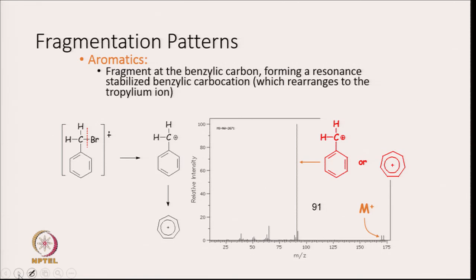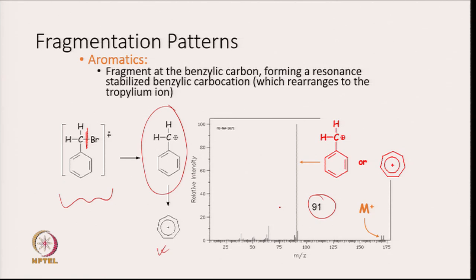Similarly, in aromatics, the fragmentation can take place at the benzylic carbon, forming a resonance stabilized benzylic carbocation. So, you can see this is your benzylic position, and the fragmentation will take place at this position. So, that a benzylic carbocation is formed, and that can go to the tropylium carbocation, which has a molecular weight of 91.